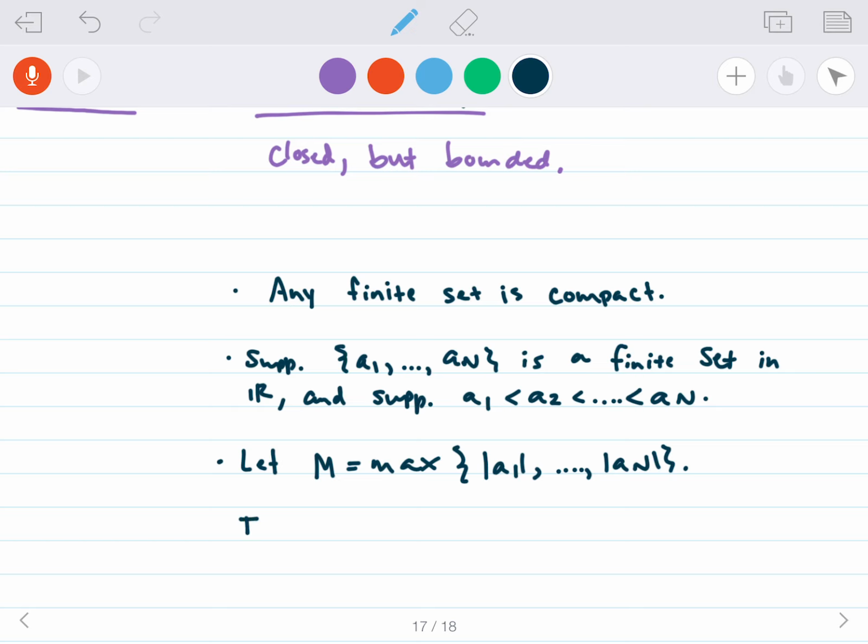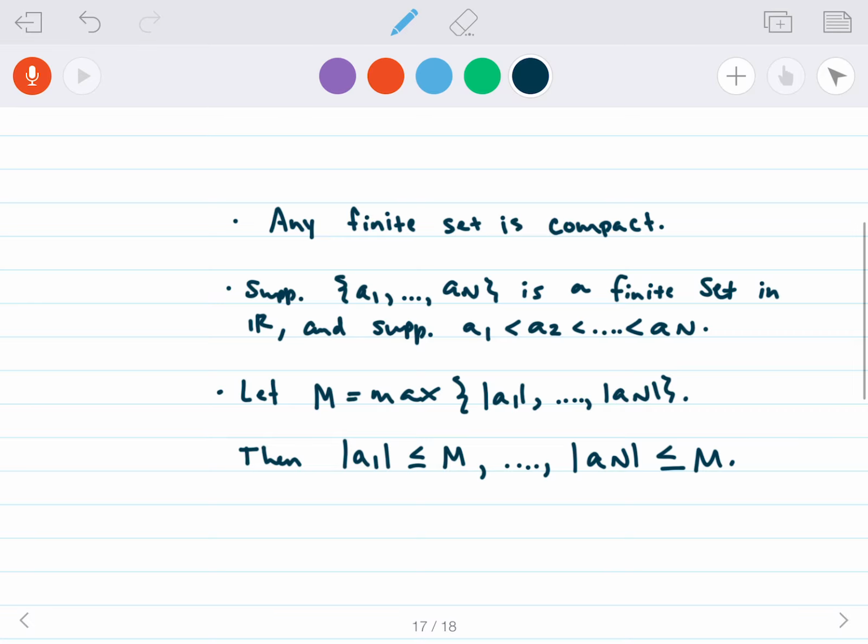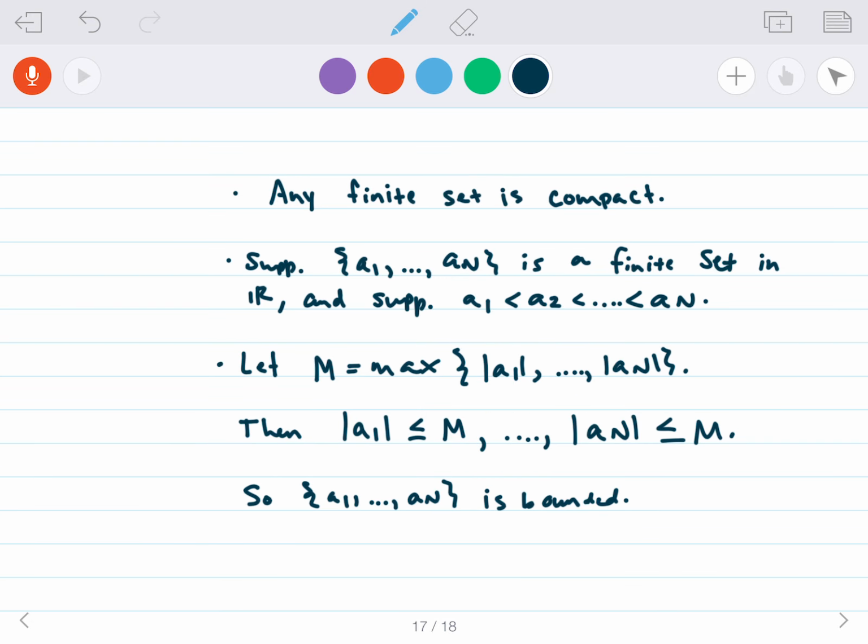Then we have absolute value of a1 is less than or equal to M, all the way up to absolute value of a_n is less than or equal to M. And so the set is bounded. Now we need to show that it's closed.